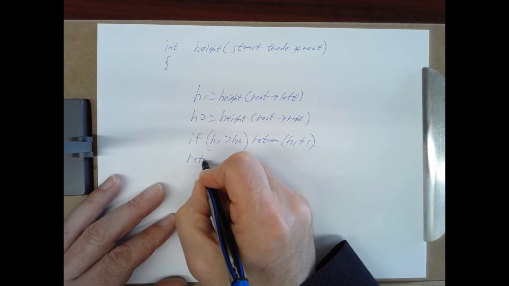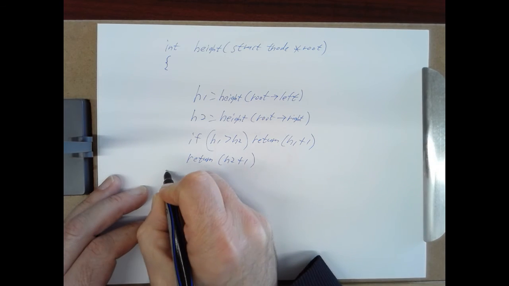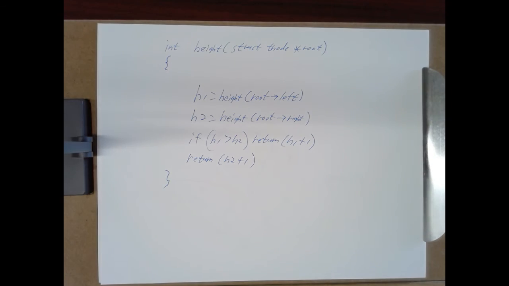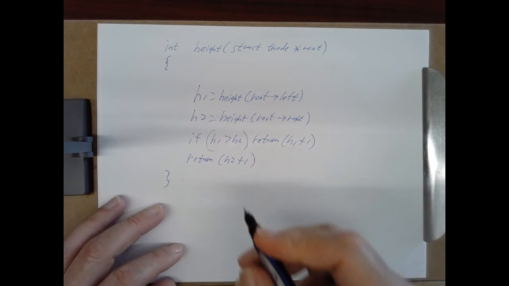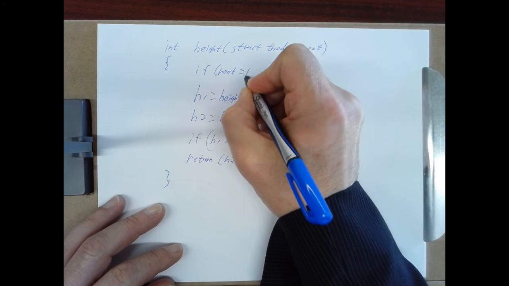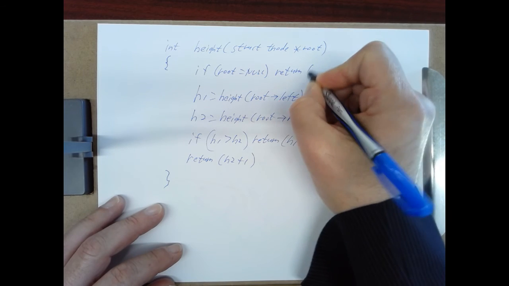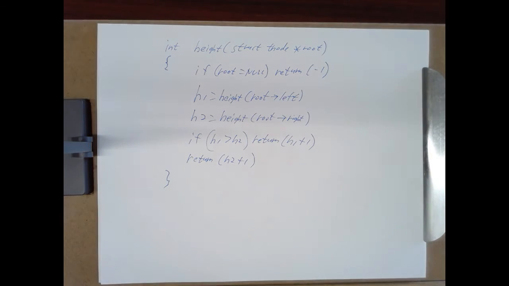Otherwise, return the height of the right subtree plus 1. And what's our edge case? What's our base case here? If the root is null, that seems to always be the case. And our definition of height for a null tree is -1.